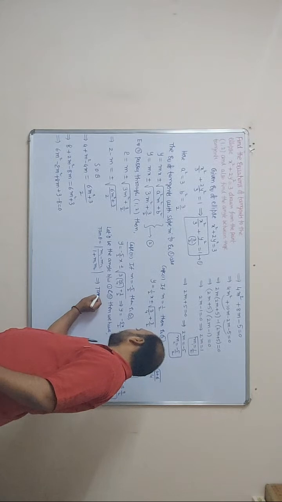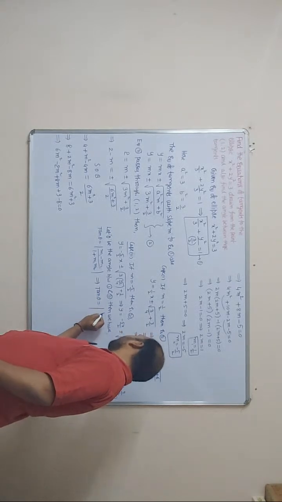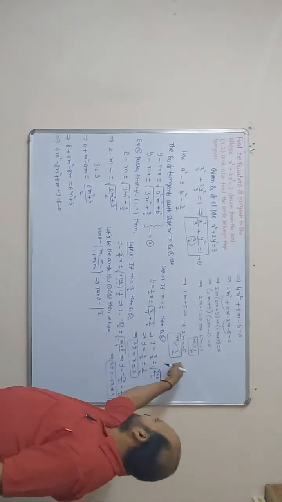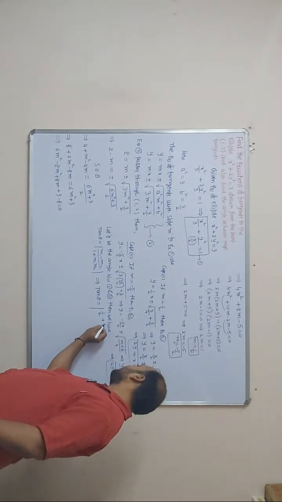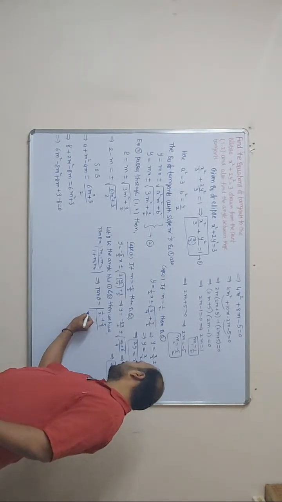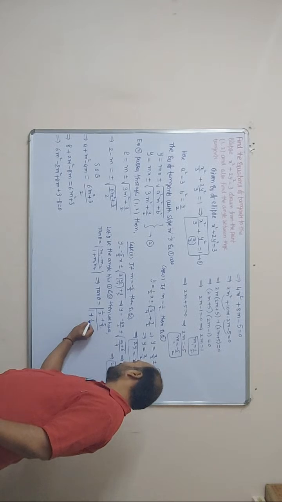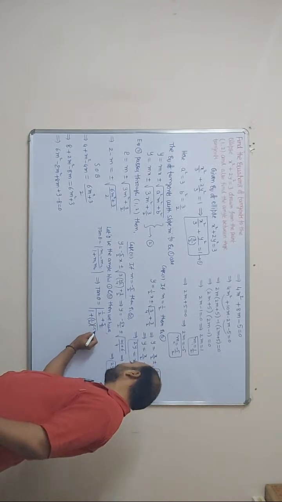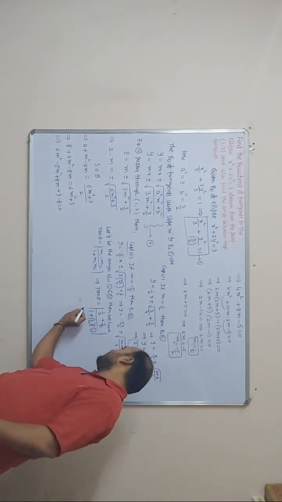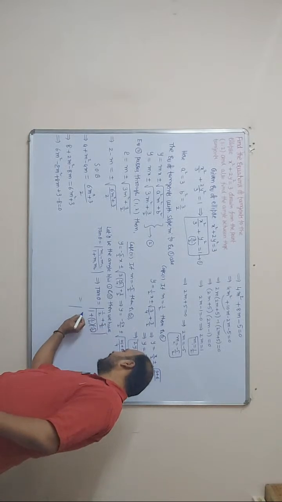So tan theta is equal to m1 value 1 by 2, m2 value minus 5 by 2, by 1 plus m1 m2, 1 by 2 into minus 5 by 2. Which is equal to 1 by 2 plus 5 by 2, 6 by 2.